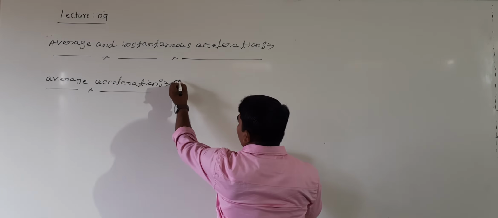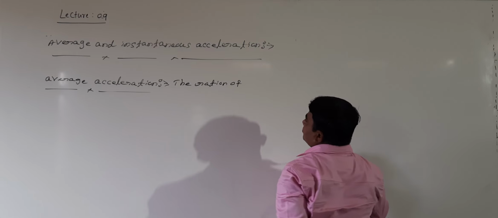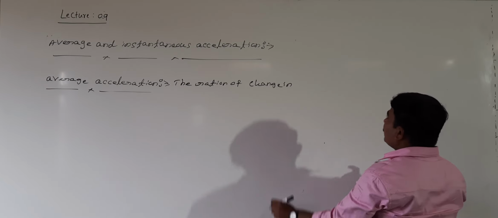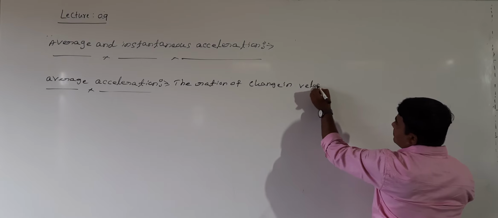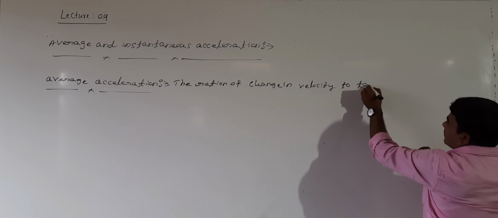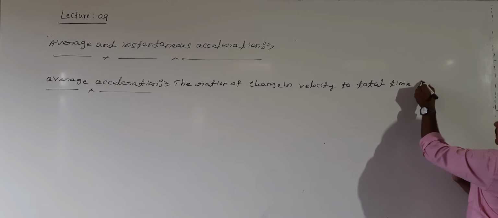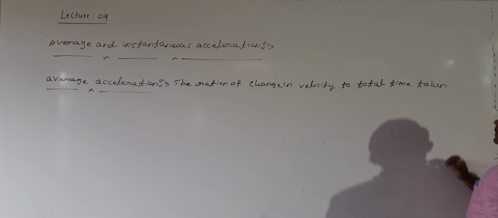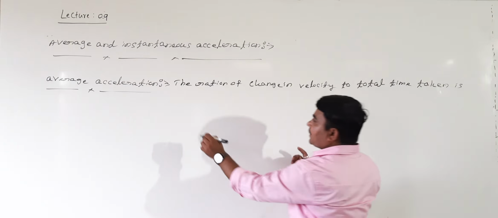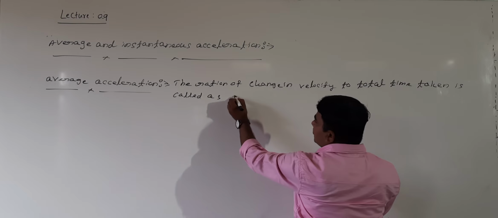The ratio of change in velocity to total time taken is called average acceleration.